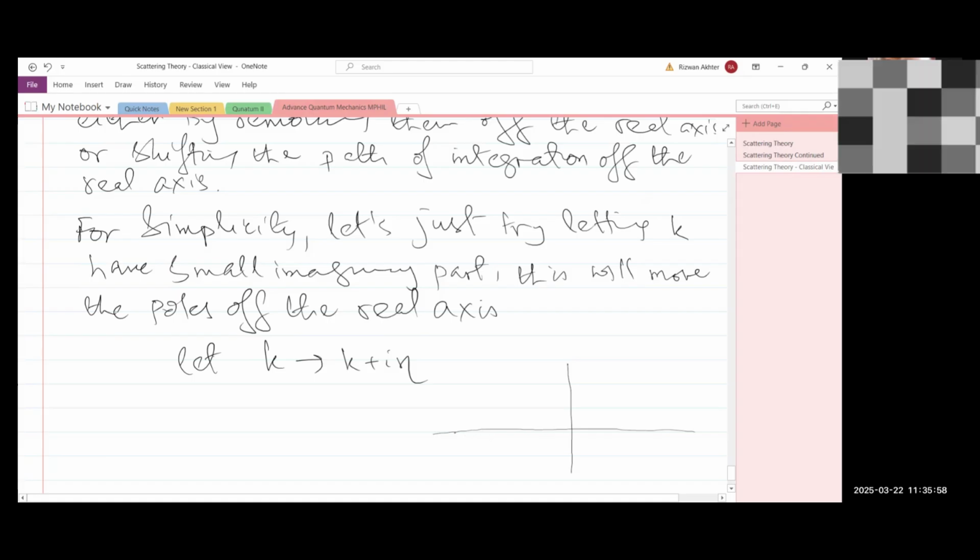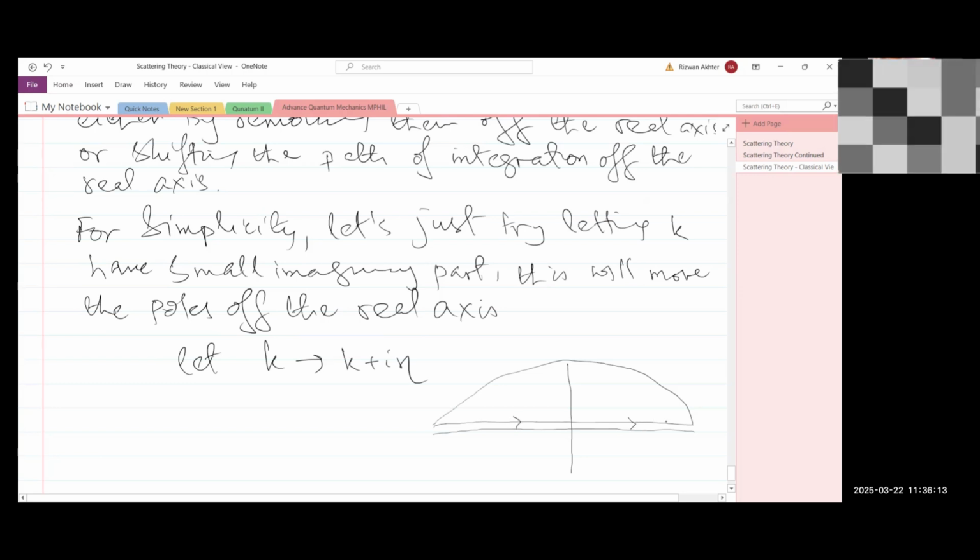Yeah. And we want to integrate, so this would be an integration in this manner. So this would be integration over the contour. In complex analysis, integration is the integration over the contour. So we move the pole up or we move the pole down.